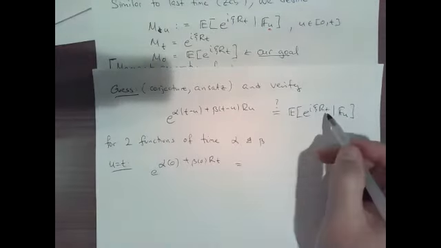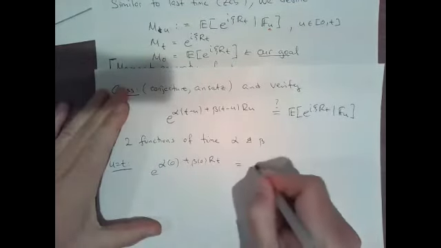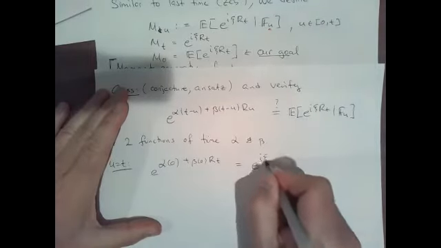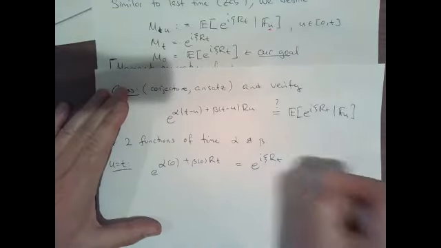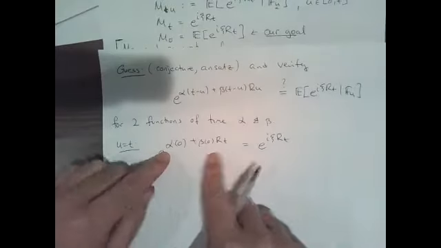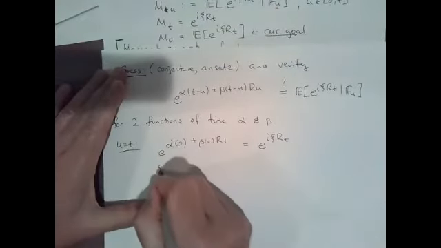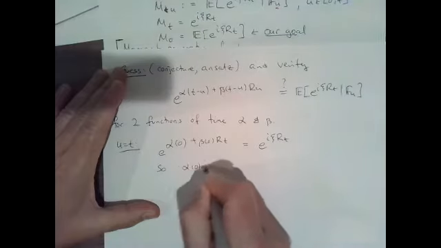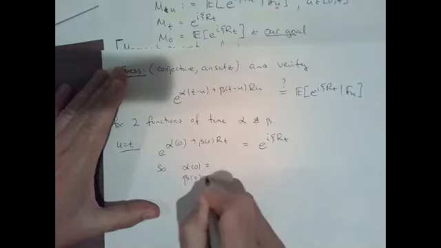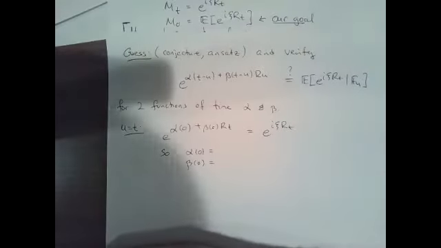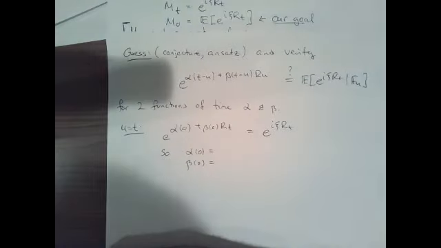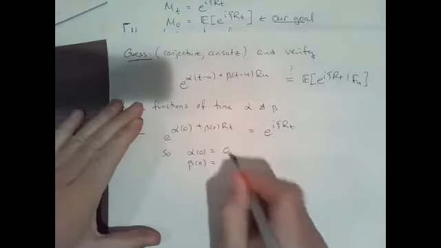This is now the same as what's on the right-hand side, e to the i, the coefficient psi, times R_T. So what should be alpha 0 and what should be beta 0? So alpha 0 is 0 and beta 0 is i psi.